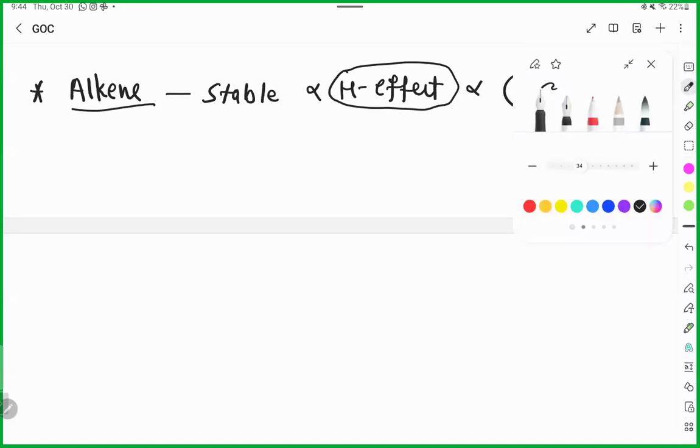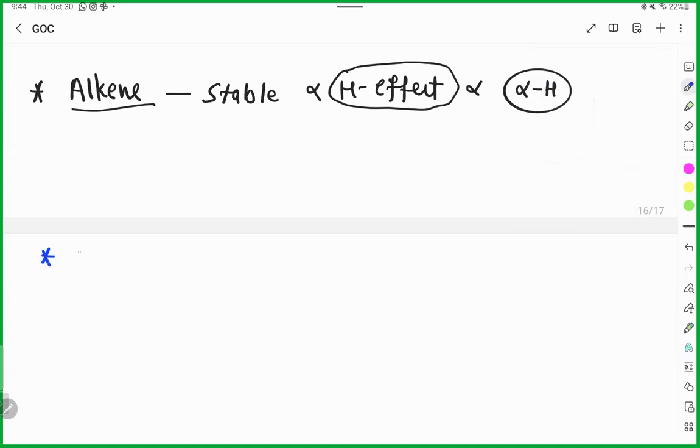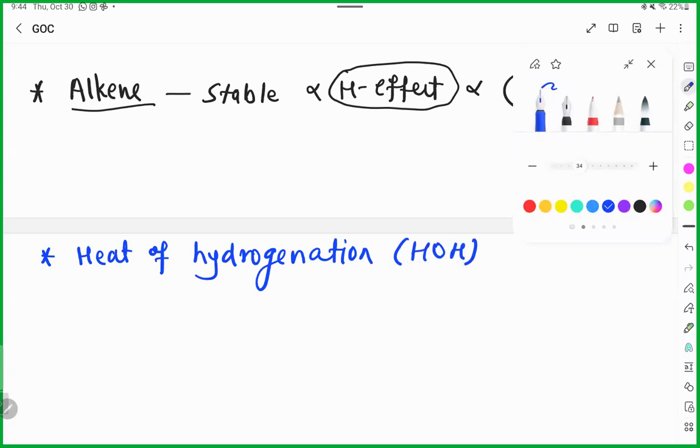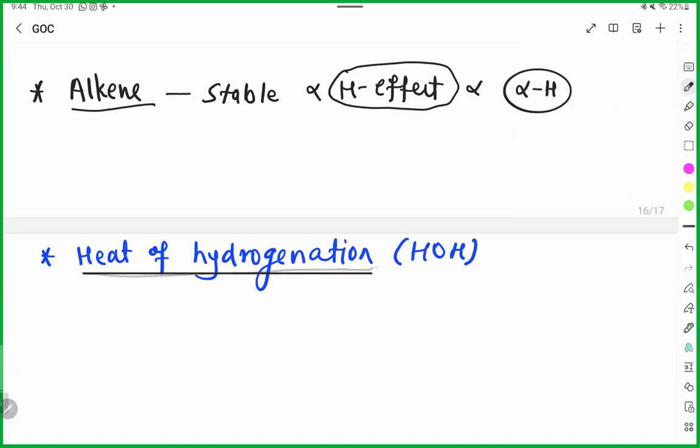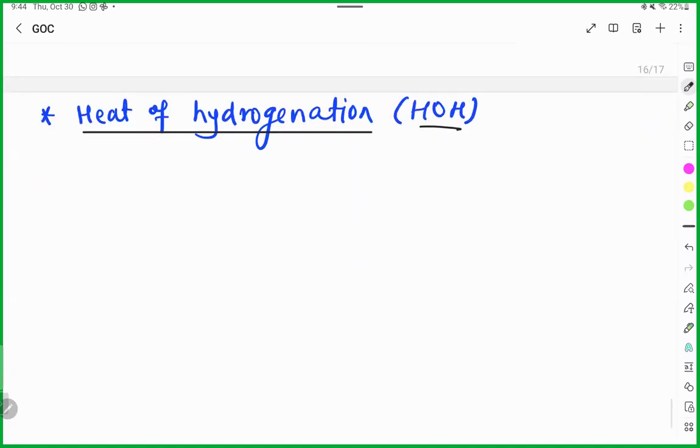Okay. Next topic is heat of hydrogenation. How is heat of hydrogenation decided? Heat of hydrogenation means the amount of energy released when you add 1 mole of hydrogen to 1 mole of an unsaturated compound, like an alkene.